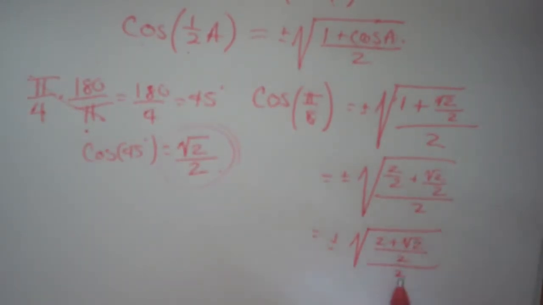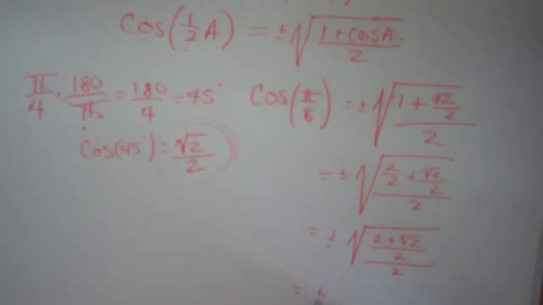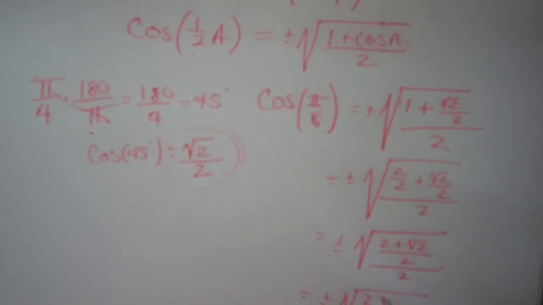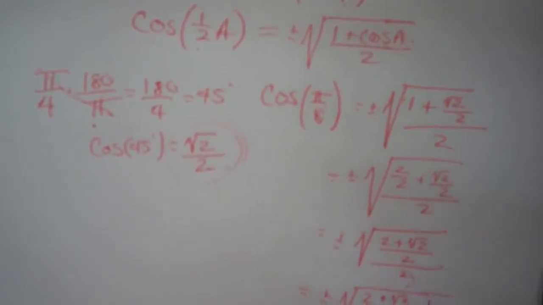See, I have this fraction divided by this fraction. This is like 2 over 1. So I'm going to multiply by the reciprocal. So this is equal to plus or minus the square root of 2 plus radical 2 over 2 times the reciprocal of 2 over 1, which is 1 over 2.